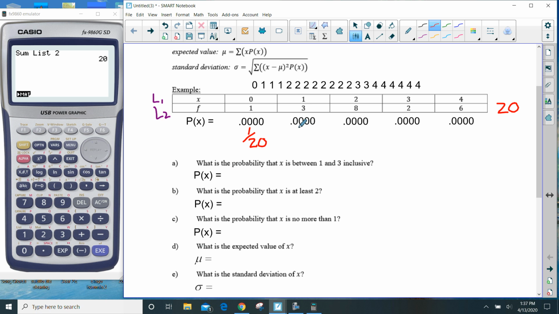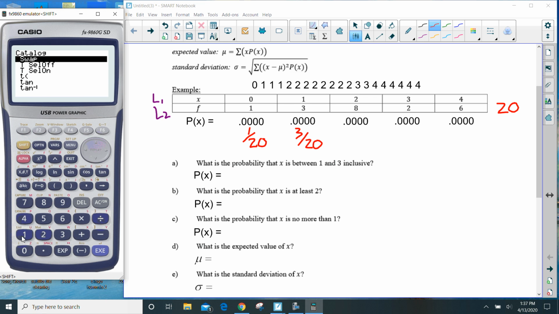The probability of a 1 would be 3 out of 20, et cetera. In other words, it's list 2 divided by the sum of list 2.